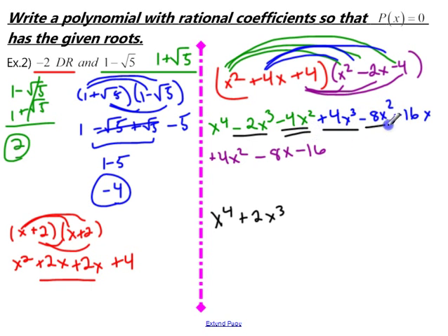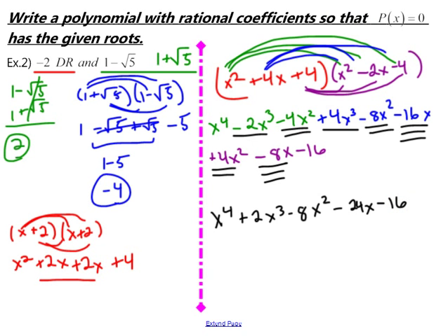Then x squared, x squared, x squared: that's minus 4 plus 4, which gives us 0, so we're left with negative 8x squared. We have a negative 16x and a negative 8x, which gives us negative 24x. And then lastly, a minus 16 as our constant.